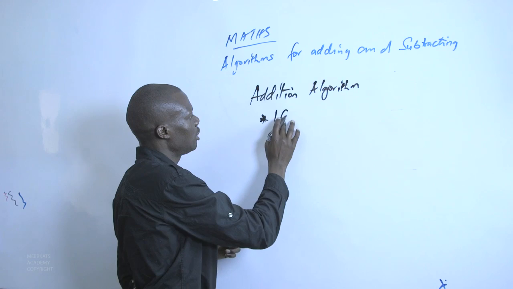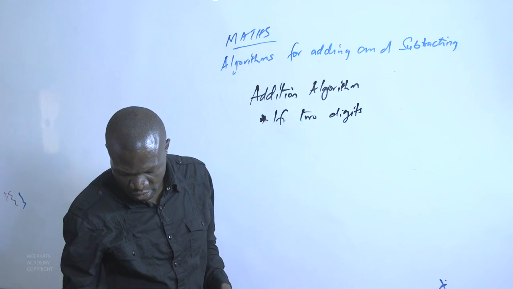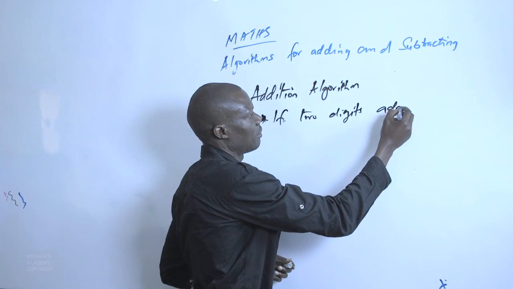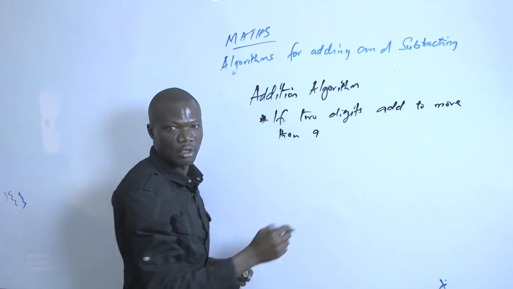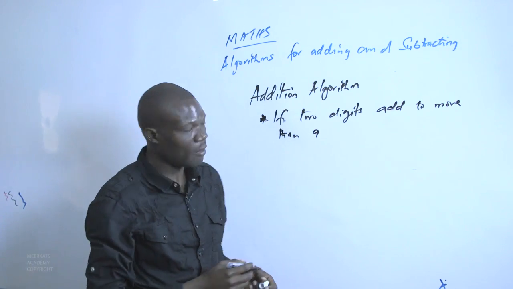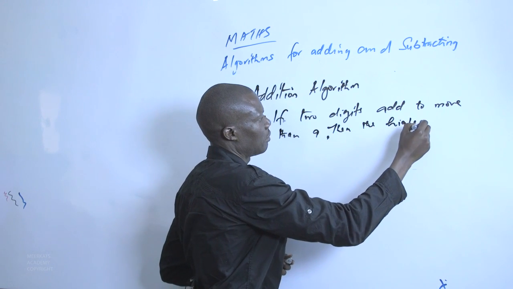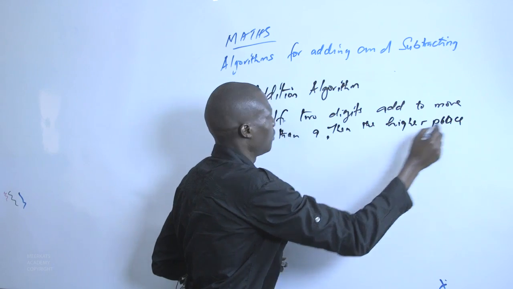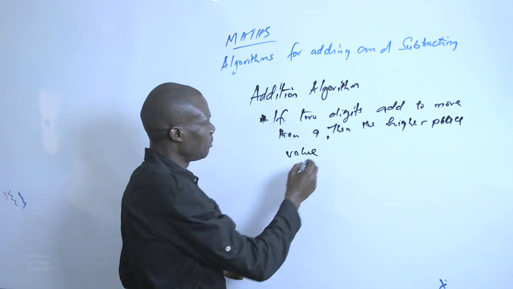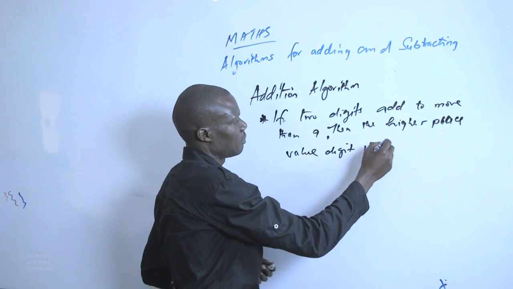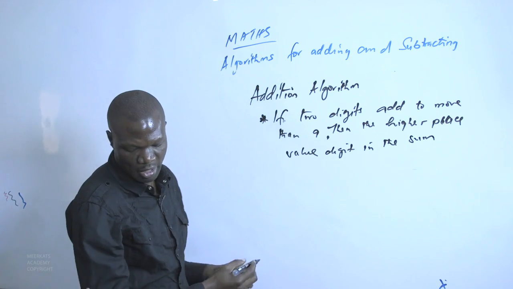One, if two digits add to more than 9, then the higher place value digit in the sum can be carried to the next column.